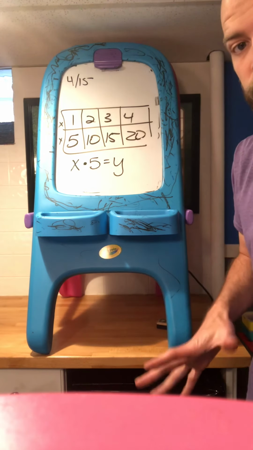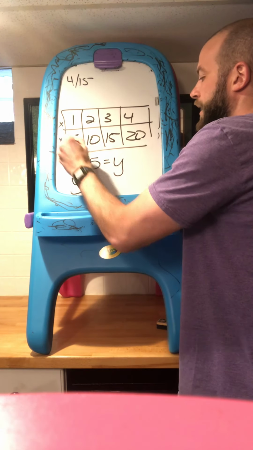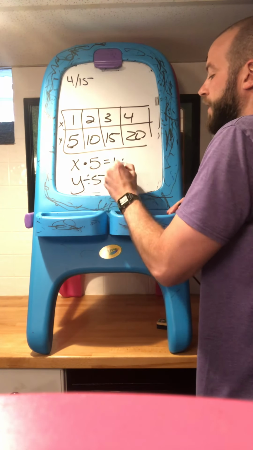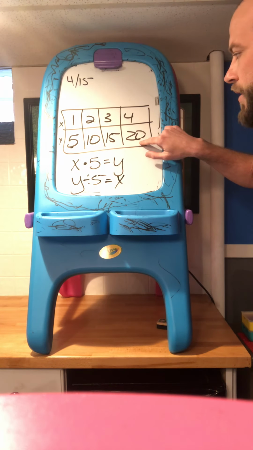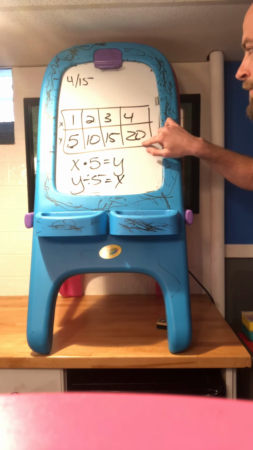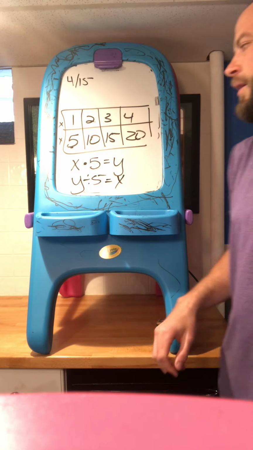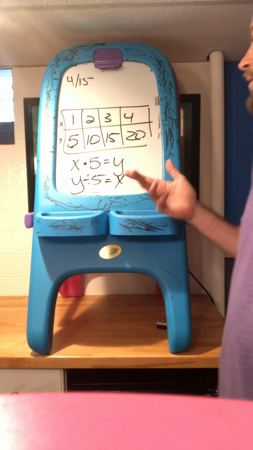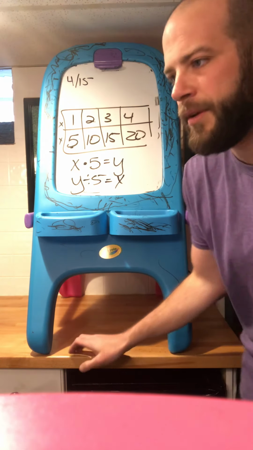And there's other ways to do it. Instead, you could say Y divided by 5 equals X. That's fine too. Whatever the amount of money is, if you divide it by 5, that's going to equal how many songs you played.